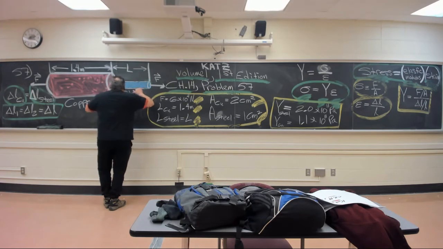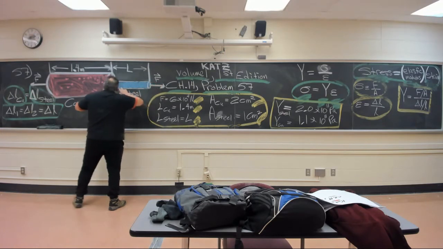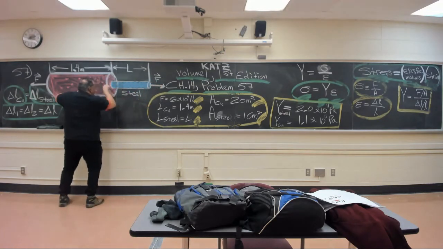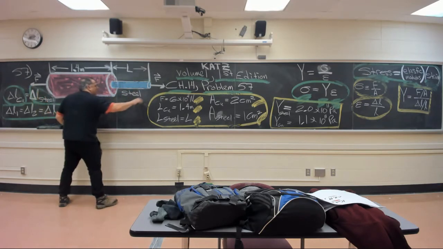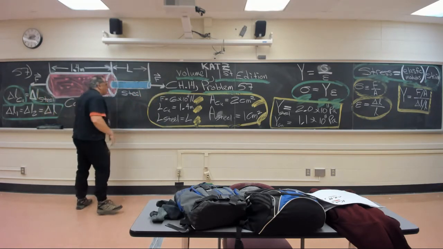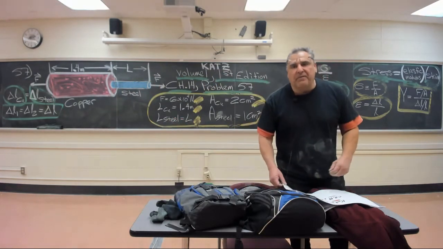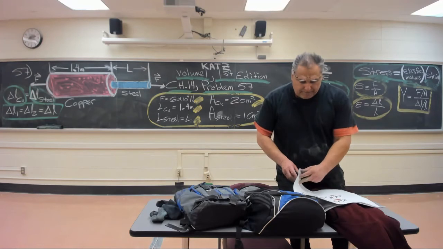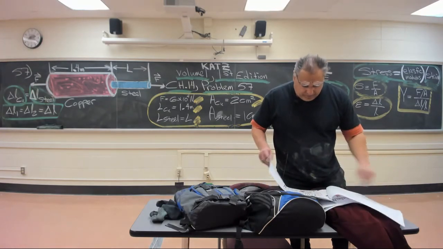Simple as that. Getting pulled by this guy that way. And this guy this way, this guy that way. And this guy's getting pulled by him that way and that way. So it's F vector, F vector, F vector, and F vector. Okay, so a lot going on here, but it's very much a lot of the same stuff going on when you're doing it. So, I mean, there it is.